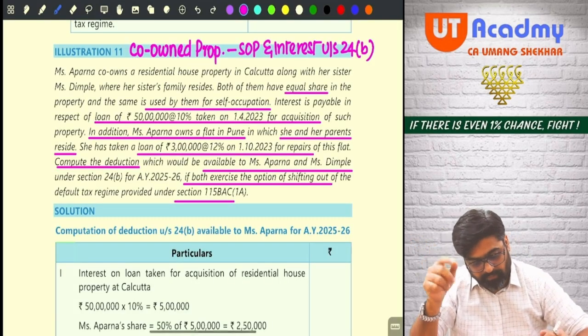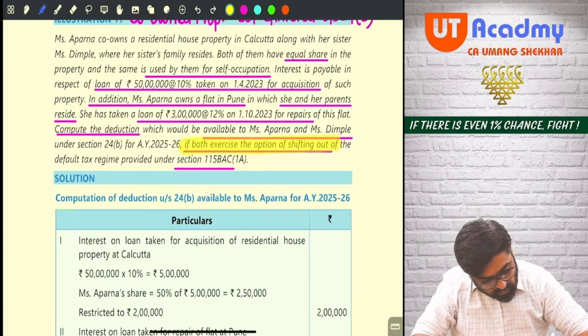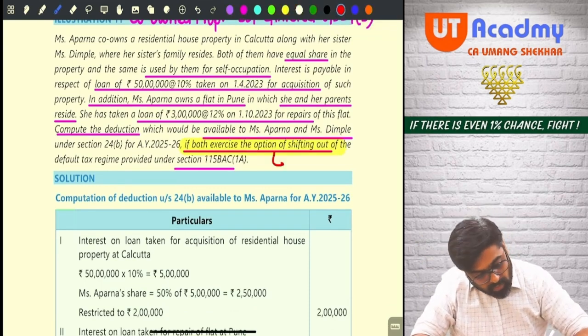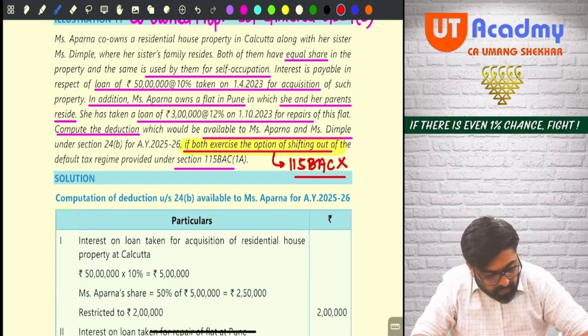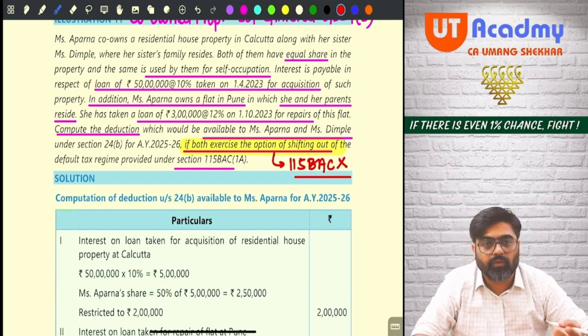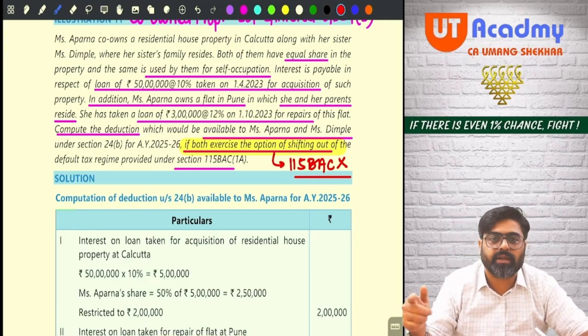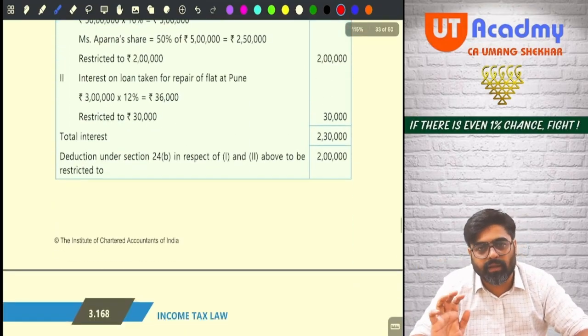See, they are saying that both exercise the option of shifting out, meaning that both are not following 115BAC. Hence, both will be eligible to claim deduction. One will claim 2 lakhs, another will claim 2 lakh as well as 30,000, but that will be restricted to 2 lakhs only. That is the answer given over here.